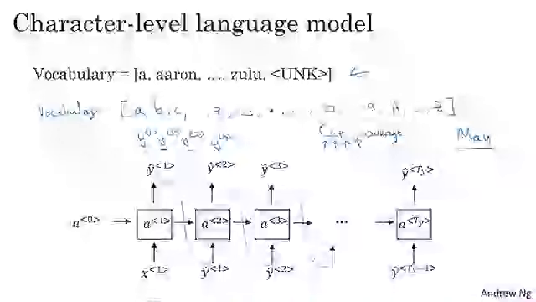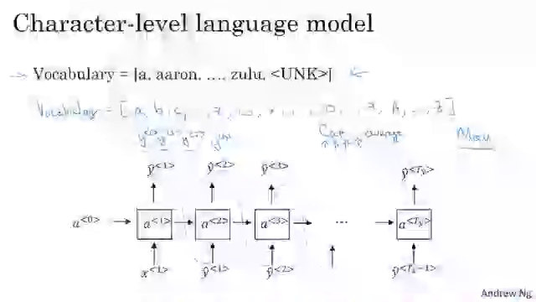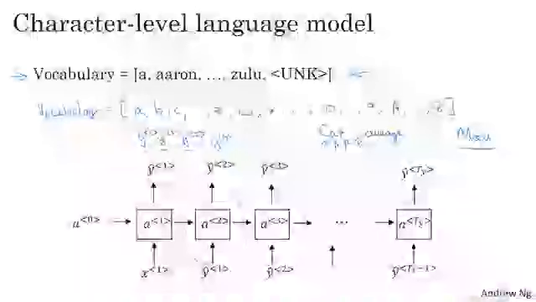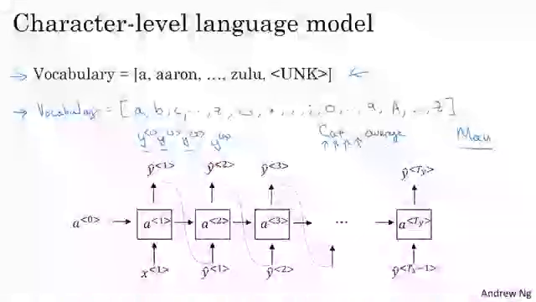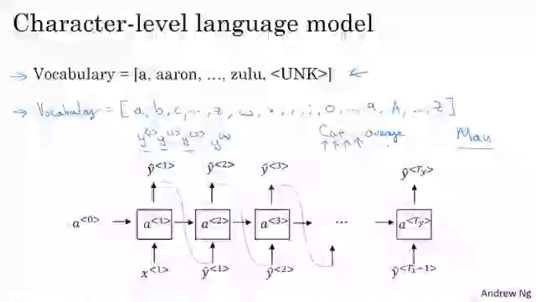So the trend I've been seeing in natural language processing is that for the most part, word level language models are still used, but as computers get faster, there are more and more applications where people are, at least in some special cases, starting to look at more character level models. But they do tend to be much harder and much more computationally expensive to train, so they're not in widespread use today, except for maybe specialized applications where you might need to deal with unknown words or other vocabulary words a lot.